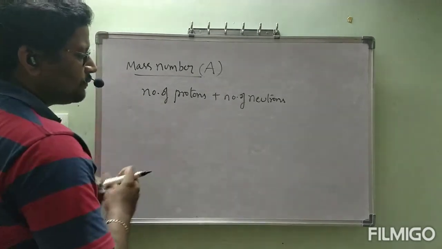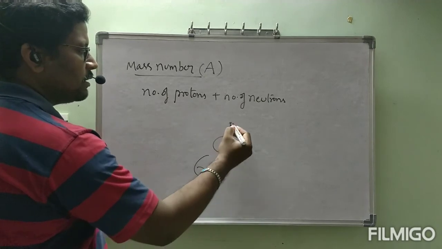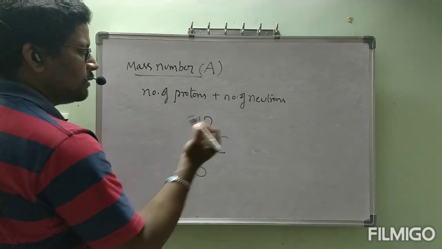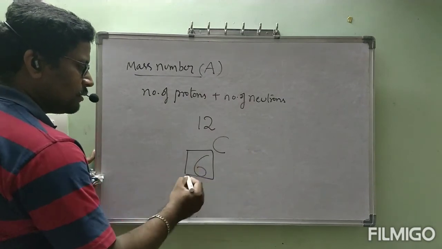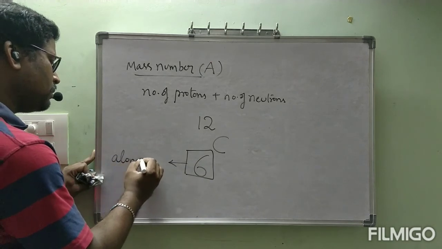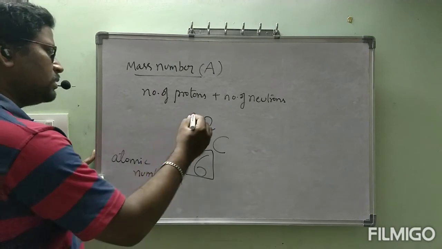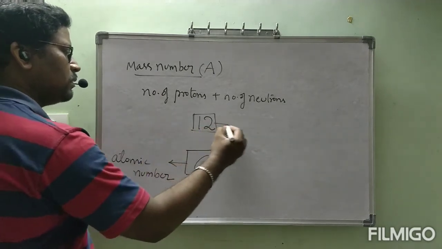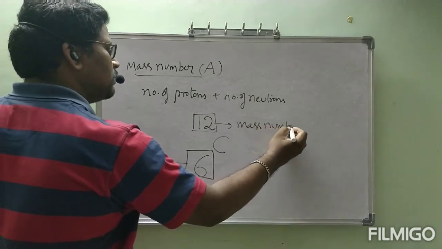Let us consider 6C12. This 6 is called the atomic number. This 12 is called the mass number.